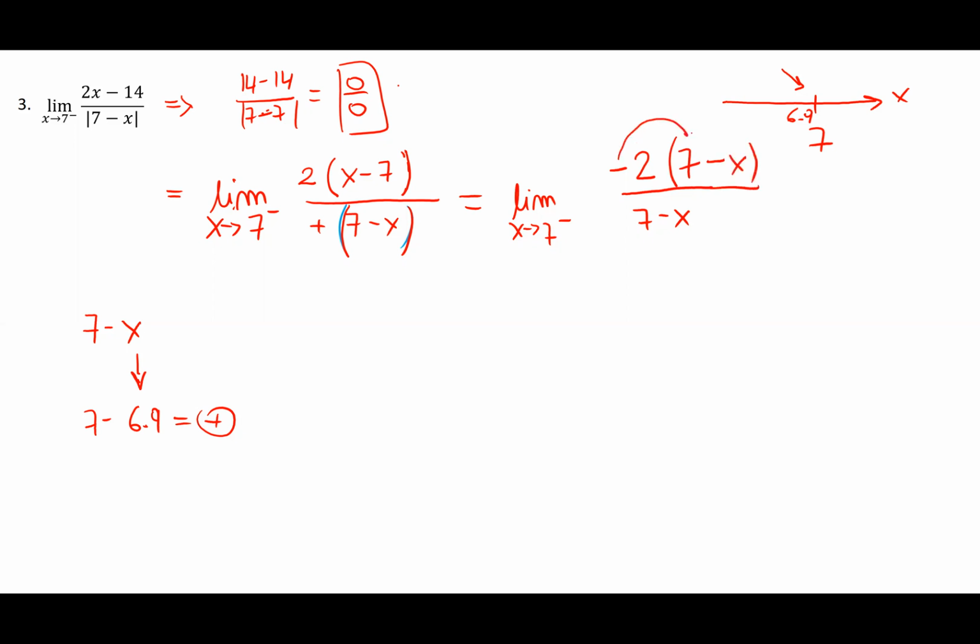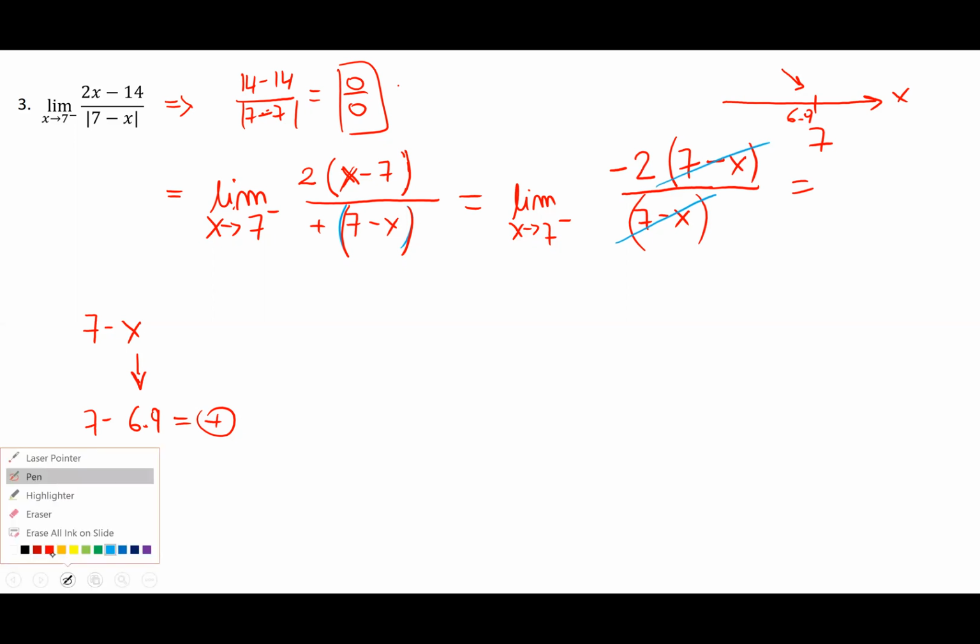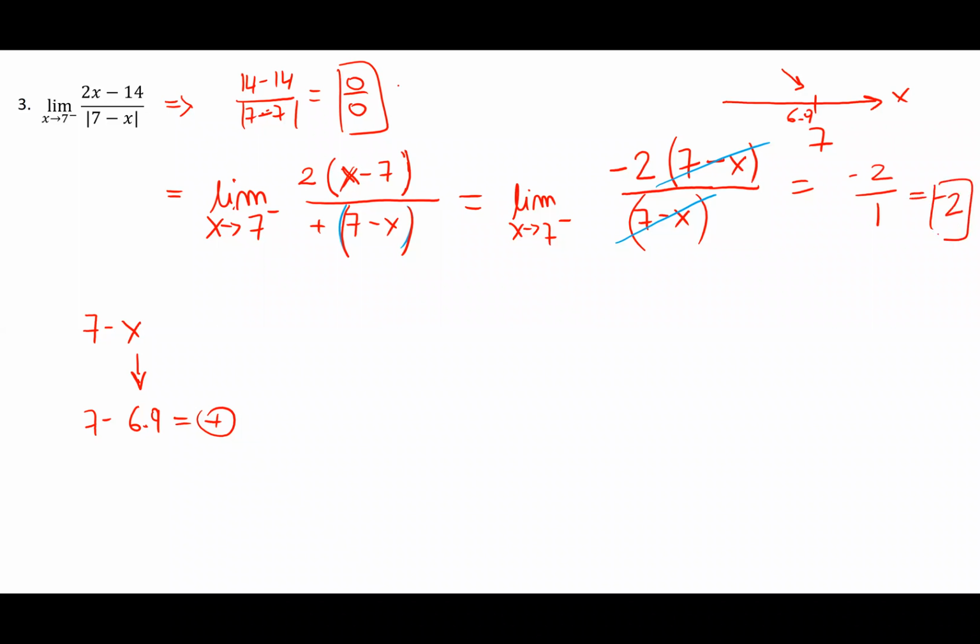Because negative times negative 7 is positive, and I'm just switching the order of 7 and x, but I have an extra negative in front. Okay, now I can nicely see the common factor, the common 0, 7 minus x. And the final answer is -2, with 1 in the denominator, -2.